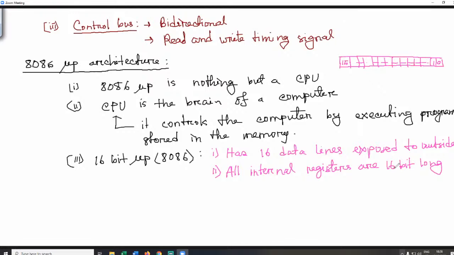Okay, so now the next point. We are talking about the 8086 microprocessor architecture.